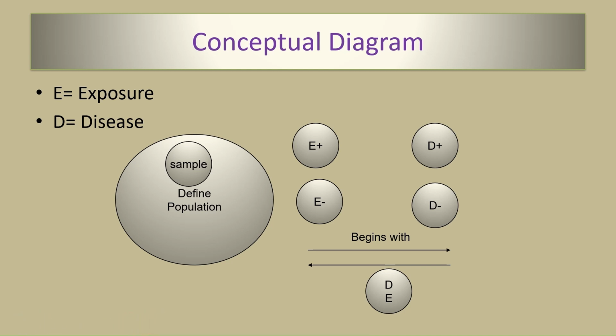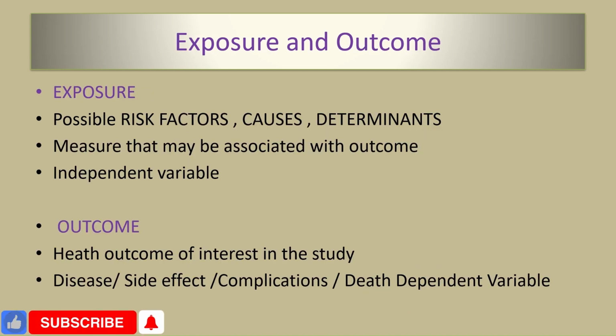Conceptual diagram. Here, first, we describe the conceptual diagram of the exposure and disease pattern. First, we draw a sample from the defined population and divide it into exposure positive and negative and disease positive and negative. Begin with start of disease and exposure at the same time.